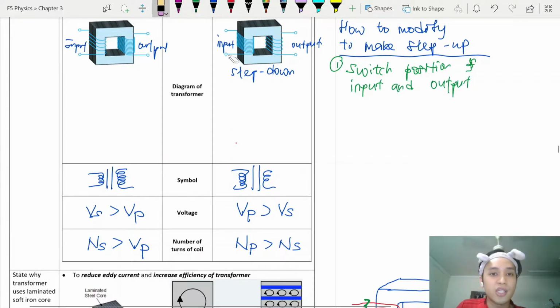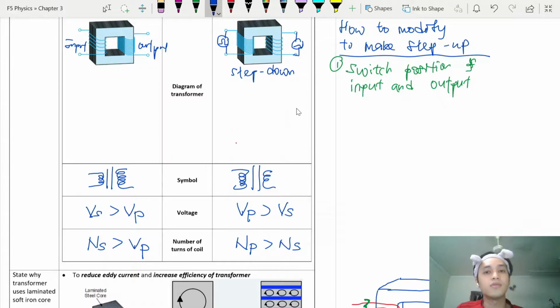So here you put your input, your power source, and here you put maybe your light bulb or your phone. Now this is my primary because this is the input, so this is the primary coil and this is the secondary coil. Less to more, so it will change into step up. This is the first thing I can do to change it into a step up.